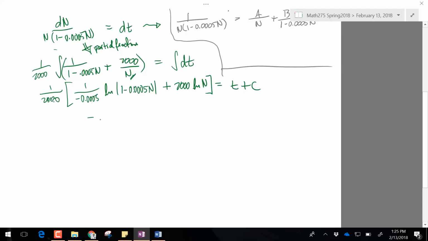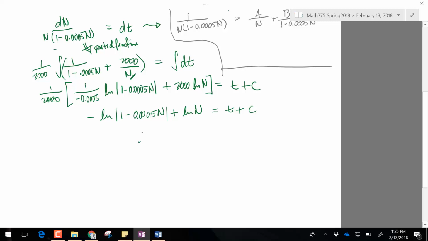So it's negative ln of 1 minus 0.0005 n, plus n, equals t plus c.